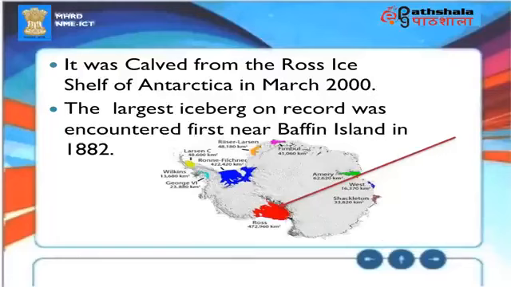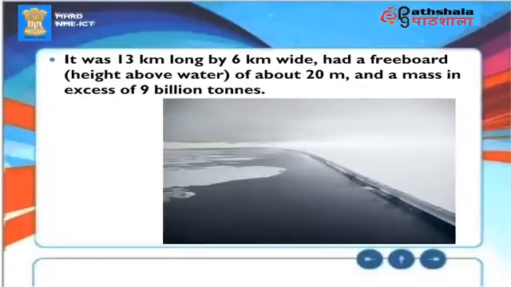The largest iceberg on record was encountered first near Baffin Island in 1882. It was 13 kilometers long by 6 kilometers wide, had a freeboard, height above water, of about 20 meters, and a mass in excess of 9 billion tons.